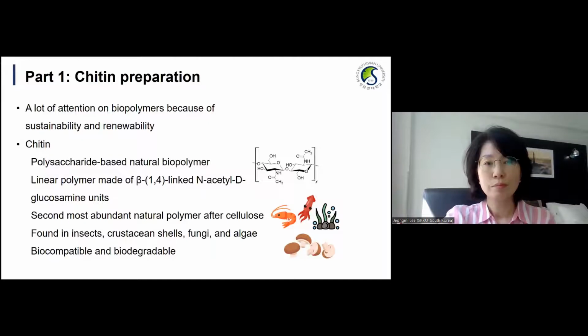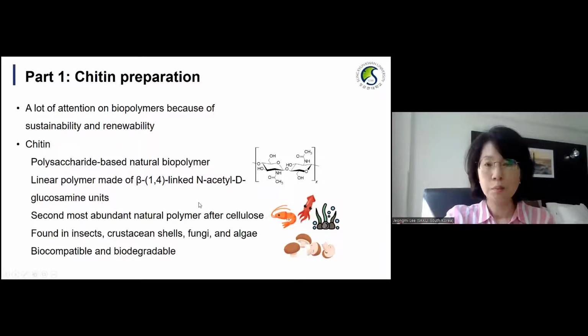There has been a lot of attention on biopolymers because biopolymers are sustainable and renewable, as everybody knows. Especially chitin is the second most abundant natural polymer after cellulose.